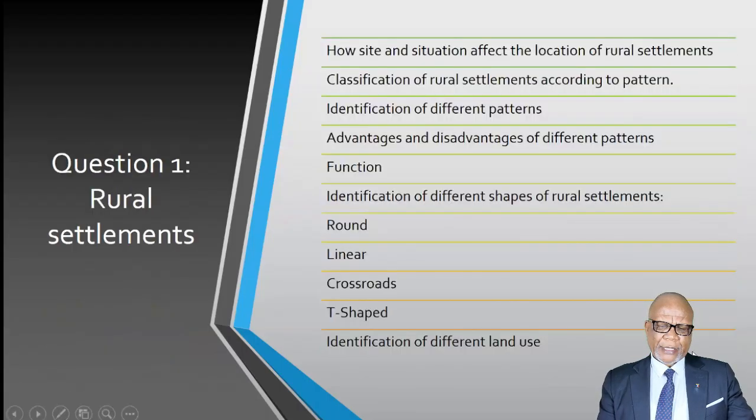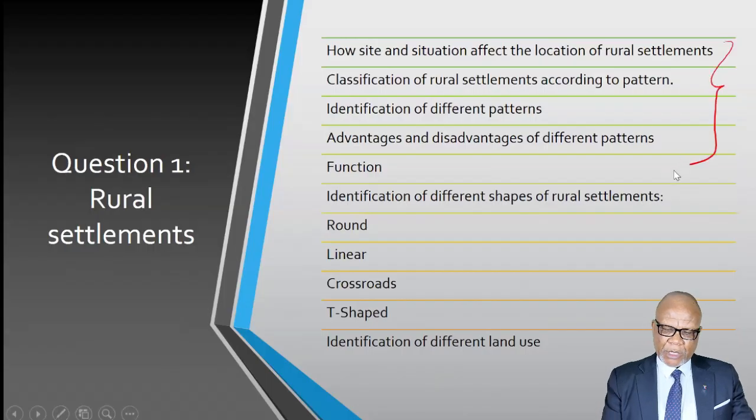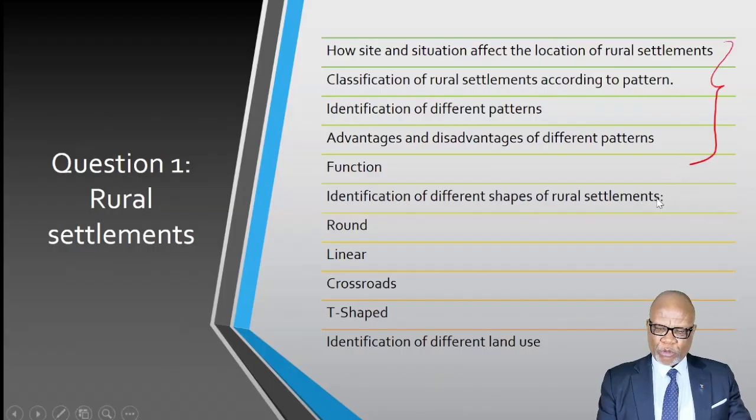Then we're going to look at how site and situation affect the location of rural settlements, and then classification of rural settlements according to pattern, identification of different patterns, advantages and disadvantages of different patterns, function, identification. So these are all characteristics that we're going to be looking at. Then from there, we're going to look at shapes of rural settlements.